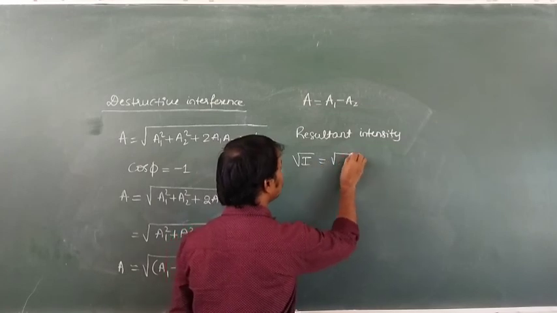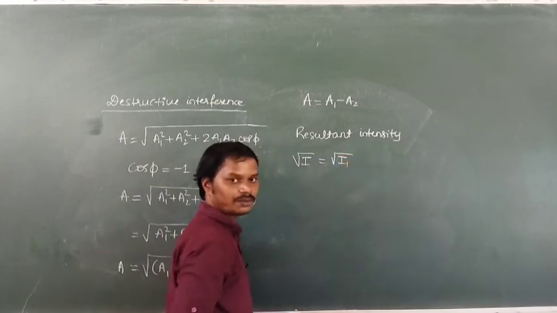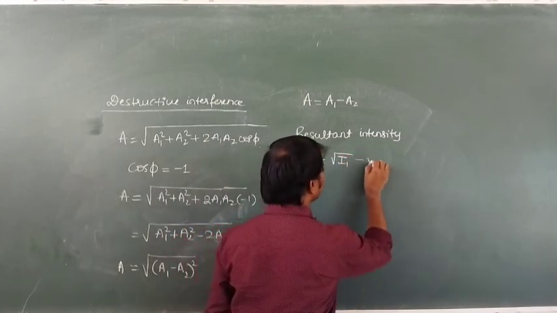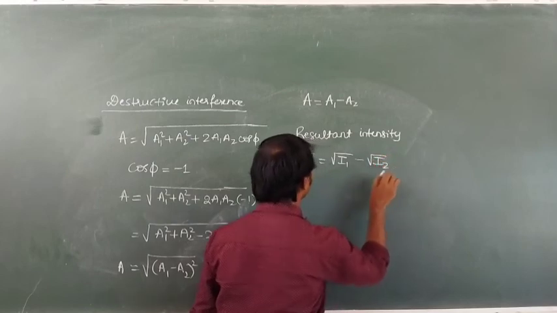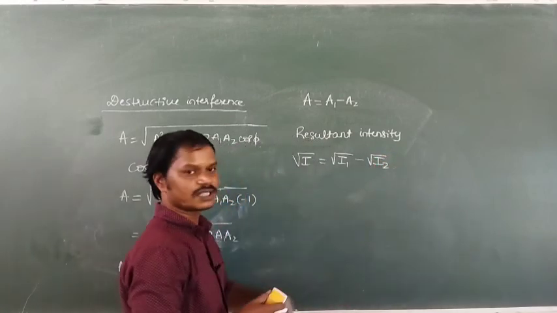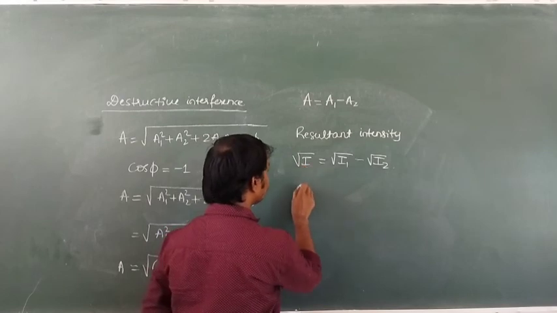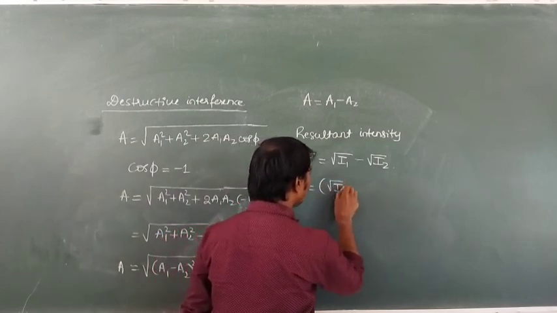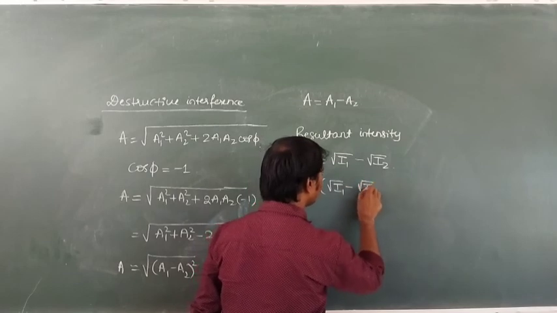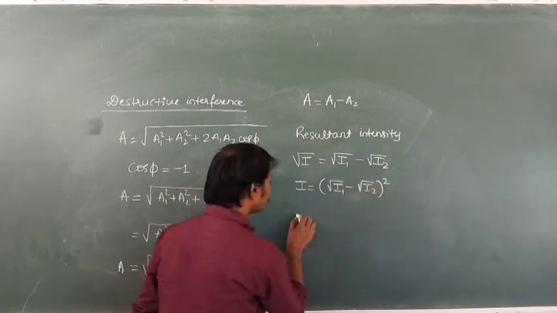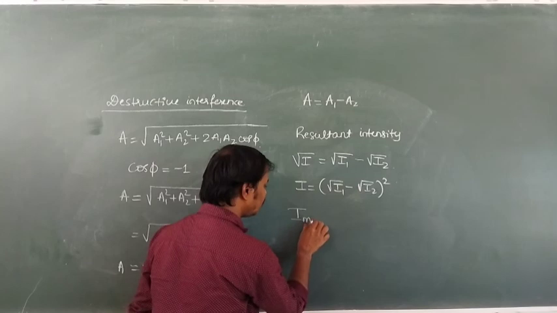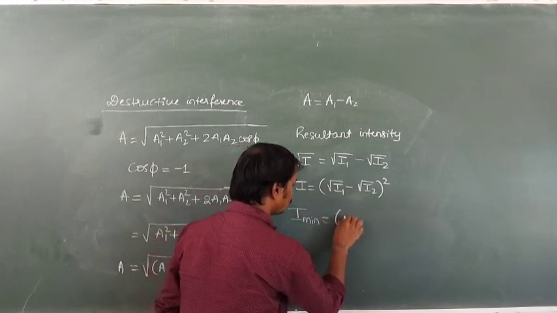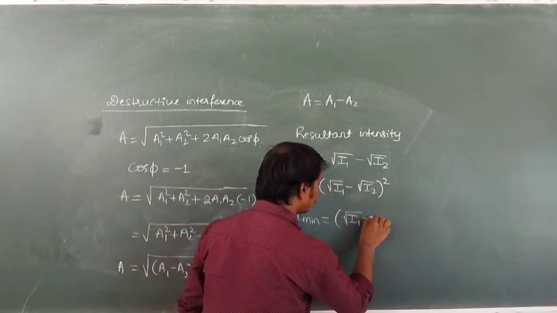Then A1 is nothing but root I1 minus root I2. Then squaring on both sides, then the square root gets cancelled. Then it is I, root I1 minus root I2 whole square. Now it is the minimum intensity, I minimum, root I1 minus root I2 whole square.